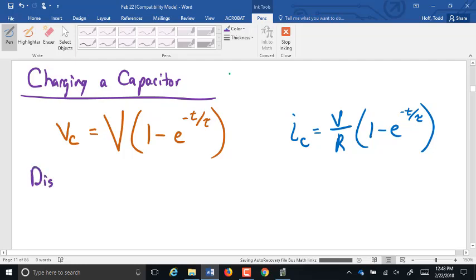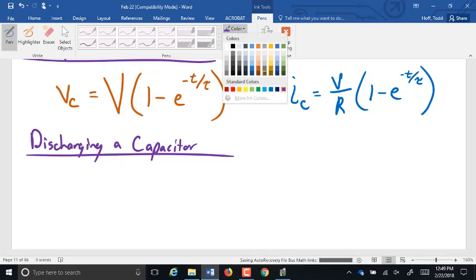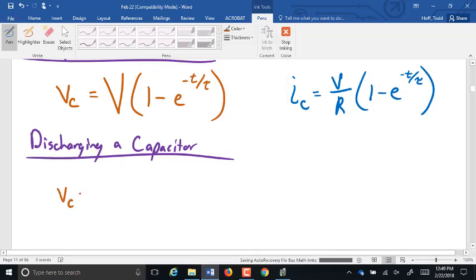Discharging a capacitor. For discharging a capacitor, the voltage on the capacitor is equal to that maximum voltage, because if we fully charge the capacitor, that capacitor charges to the voltage of our voltage source.